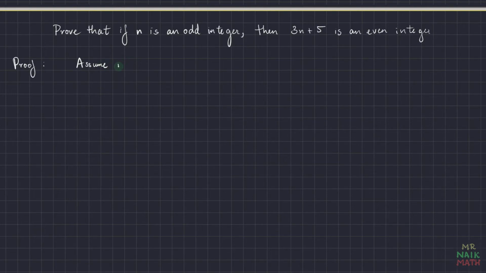Then n equals 2k plus 1, because every odd integer can be written as 2 times some integer plus 1, where k is an integer. So therefore, what are we trying to prove? We're trying to prove that 3n plus 5 is an even integer.